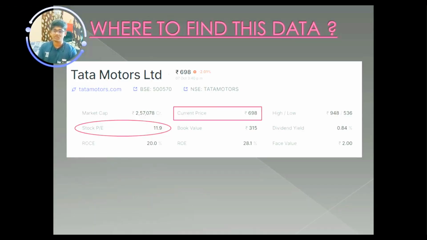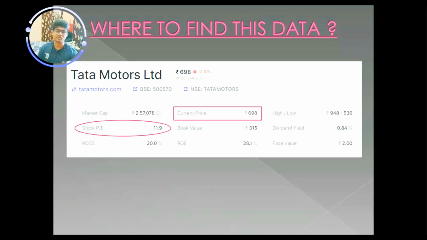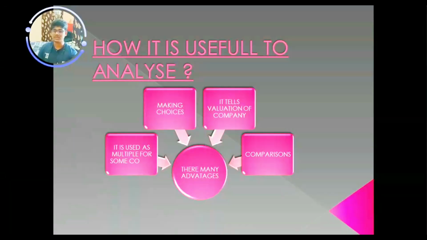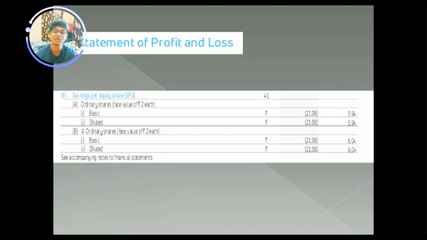where to find this data. As I said, you can find this PE ratio data in screener.in. However, this PE ratio cannot be found in the financial statements of the company. Let me show you.